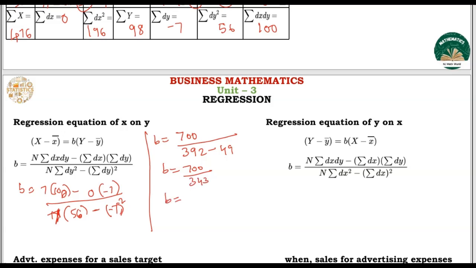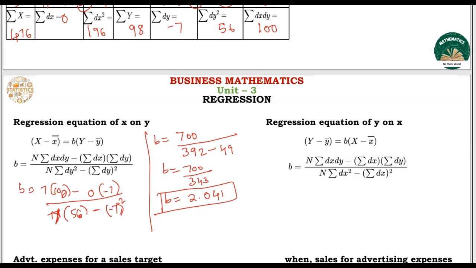Then if you divide 700 by 343, we get 2.0408. So the b value we got is 2.041.